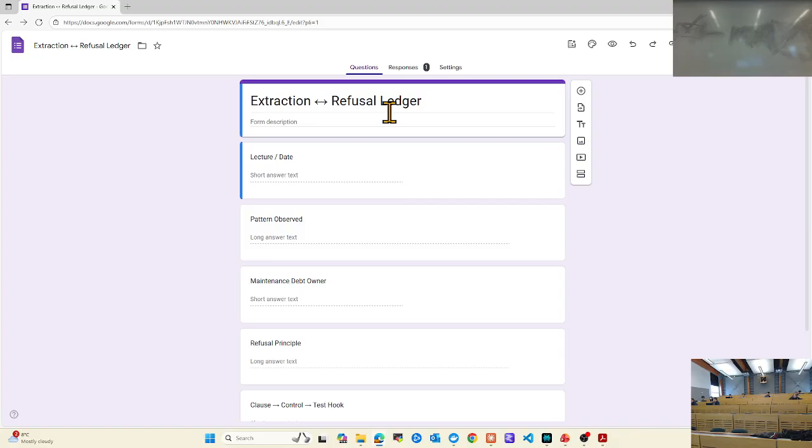Who owns the maintenance debt? Who has to pay for this? So these are extraction refusal ledgers. So somebody extracts something from someone else, who's paying the debt? Who's responsible for that?